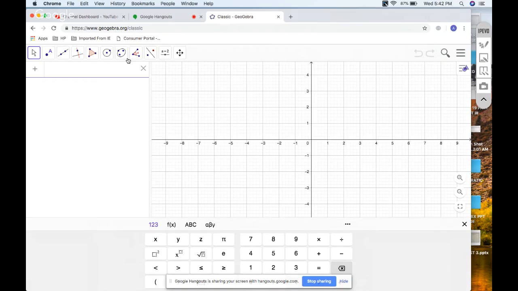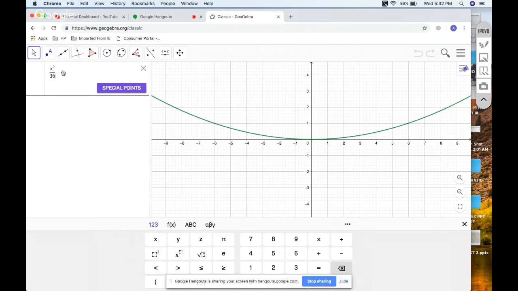So I'll just sketch x square by, let's say, 36 minus y square by 25 equal to 1.